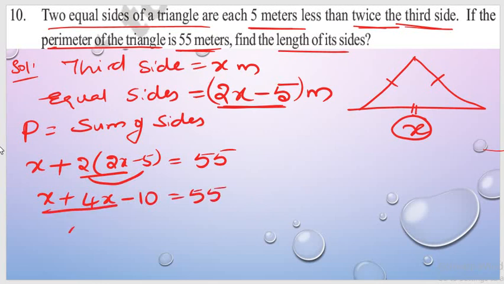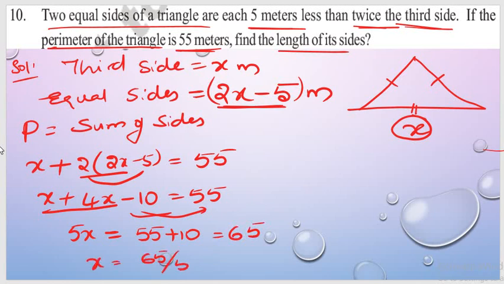So x plus 4x is nothing but 5x minus 10. If I transpose, it becomes plus 10. So 55 plus 10, which gives me 65. So from this x is equal to 65 divided by 5. So 65 divided by 5 is nothing but 13.